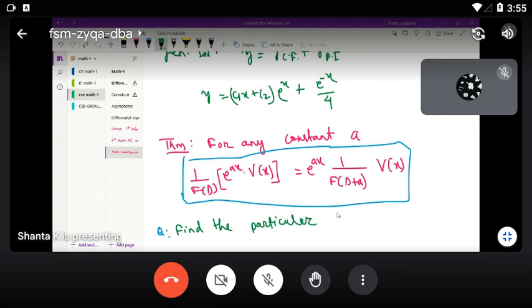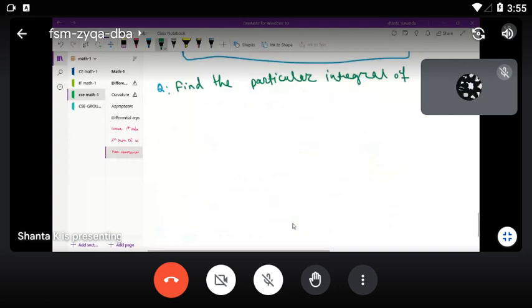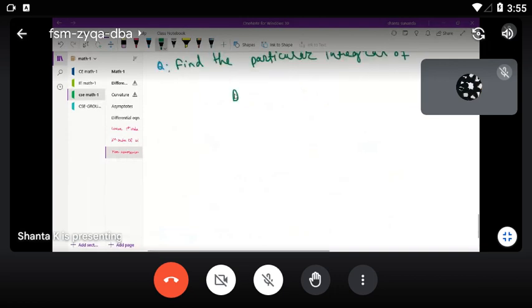We have already done the complementary function part, so I'm only asking for the particular integral here.